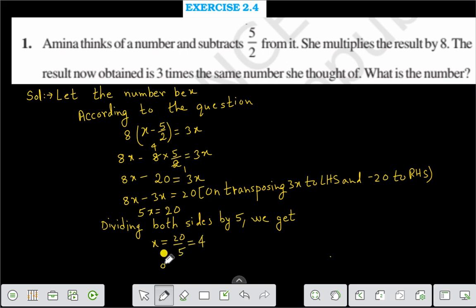Or you can write x is equal to 4, right?